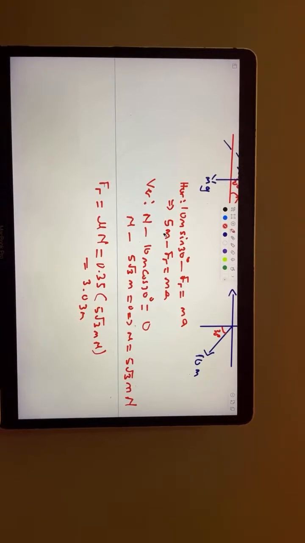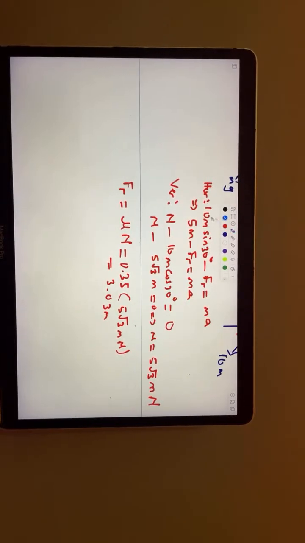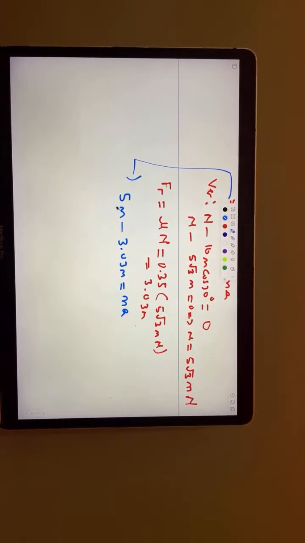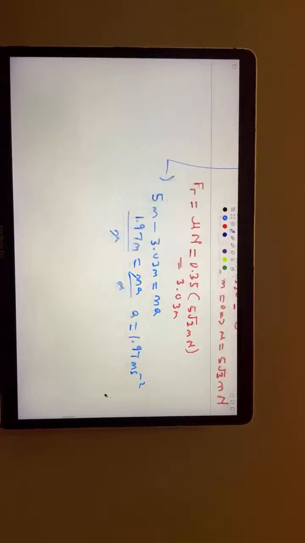I can substitute that into my very first equation, which becomes 5m minus 3.03m equals ma. This already makes sense for us. 5 minus 3.03 is 1.97, so 1.97m equals ma. Divide both sides by m, so that means the acceleration is 1.97 meters per second squared.